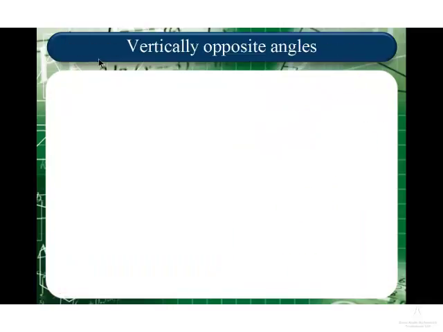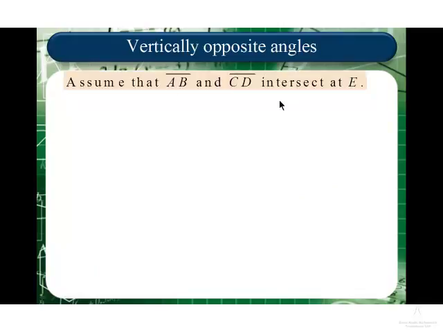We will now consider the concept of vertically opposite angles. Assume that the line segments AB and CD intersect at the common point E, as indicated on the screen. And let us indicate the angles alpha, beta, omega, and theta as shown in this diagram.